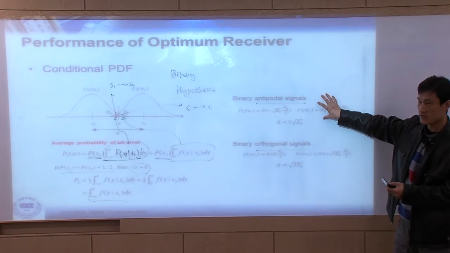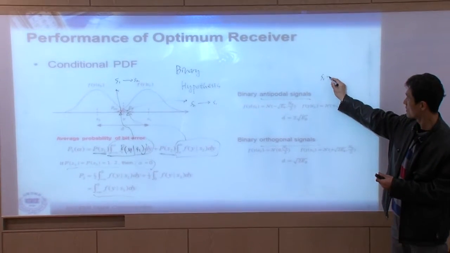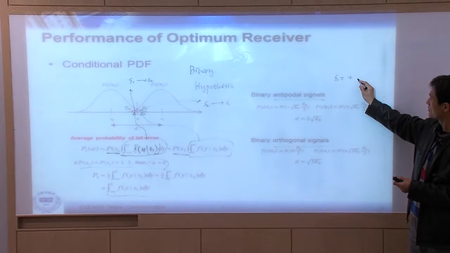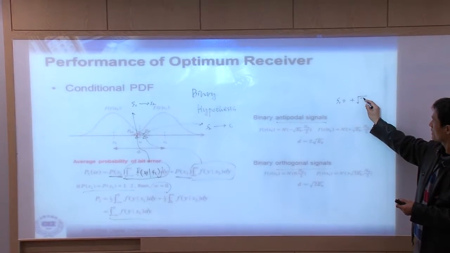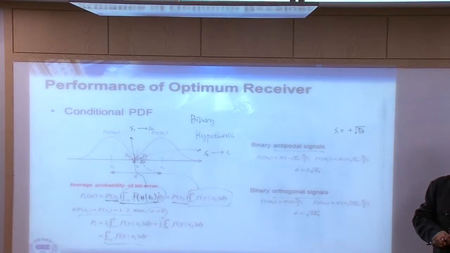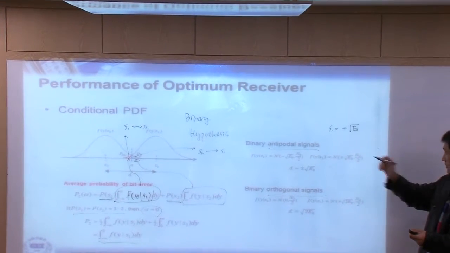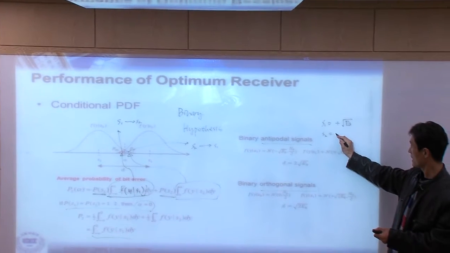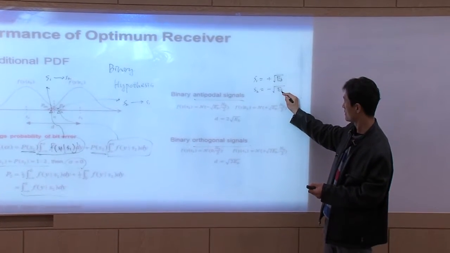But in antipodal signaling, what is S1? Some positive value. And remember that we use this one, the energy of bit, right? And S2 is the negative of the energy of bit.